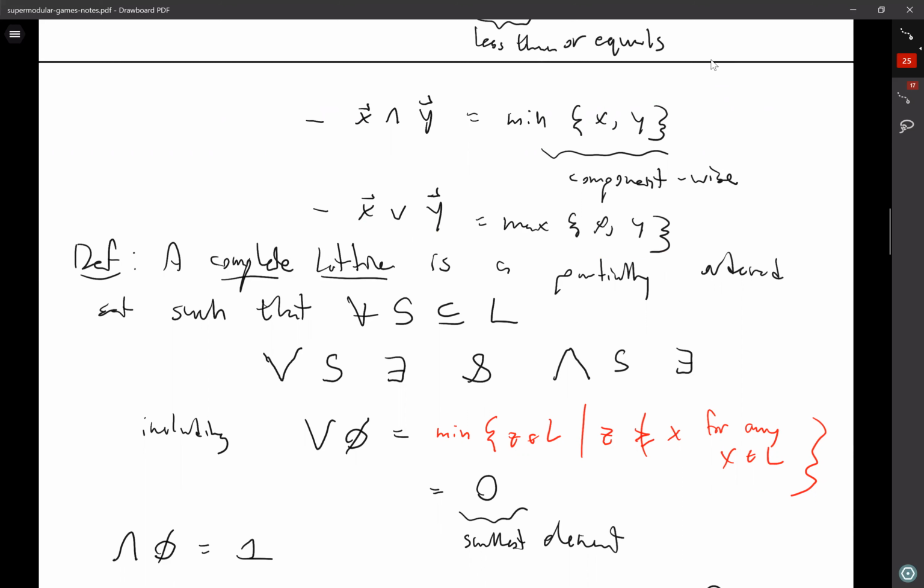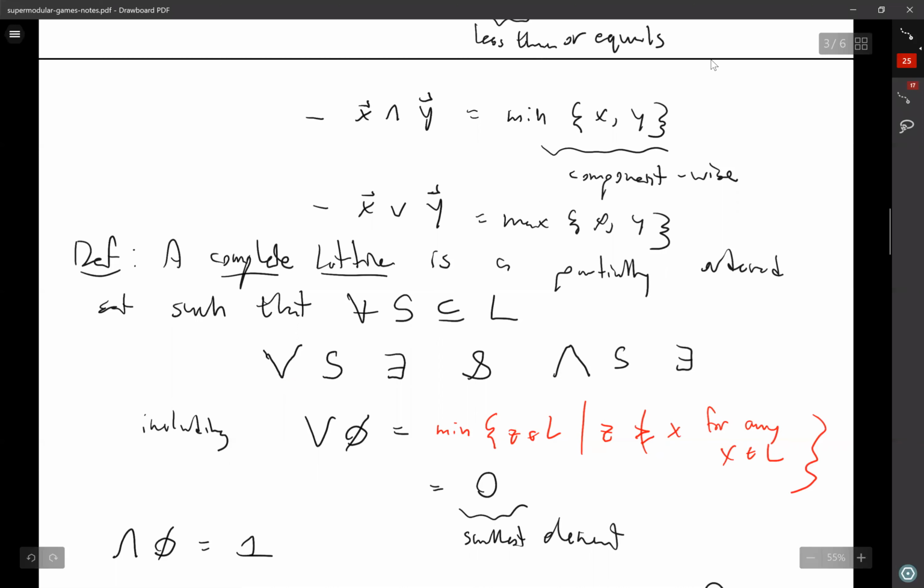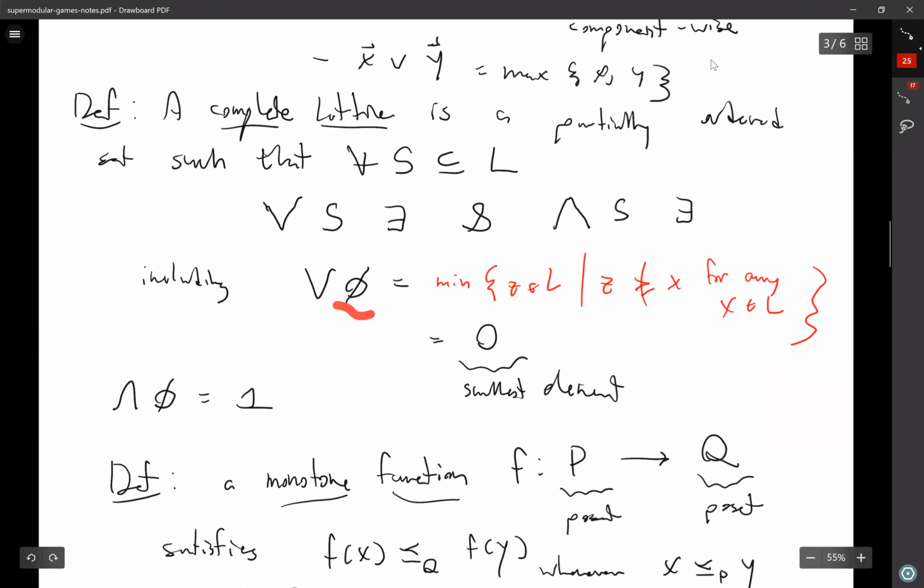Another definition we'll need to prove something about the Nash equilibria of supermodular games is the notion of a complete lattice, which is a lattice in which you not only have binary meets and joins, but any arbitrary subset has a greatest lower bound and a least upper bound. And this, of course, includes the empty set.